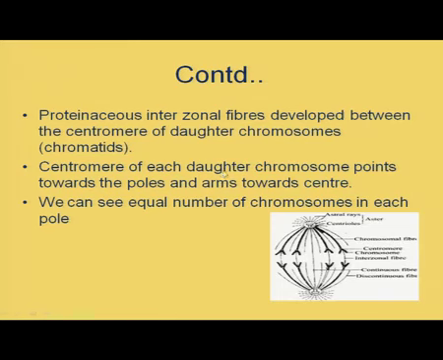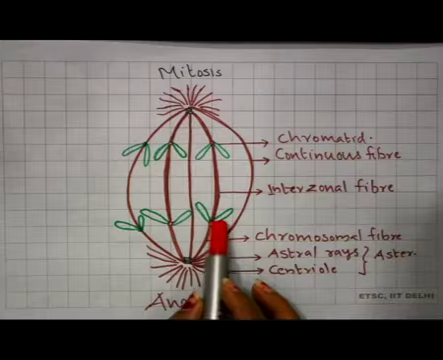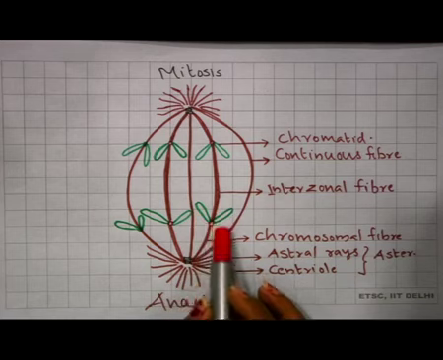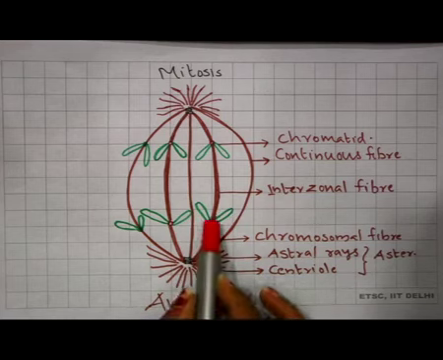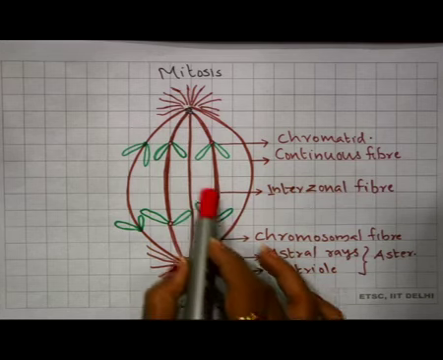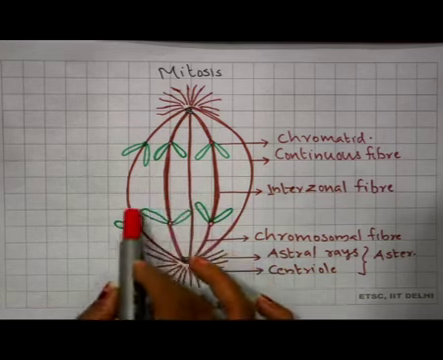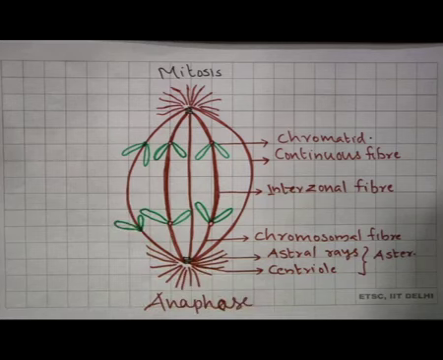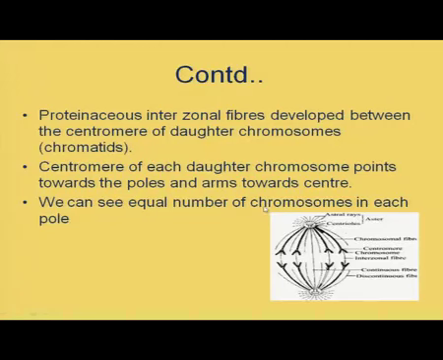See the diagram: the centromere of each of these daughter chromosomes is pointing towards the poles. Now, what happens to the arms? Arms are pointing towards the center. So, this is the arrangement seen in the anaphase stage.